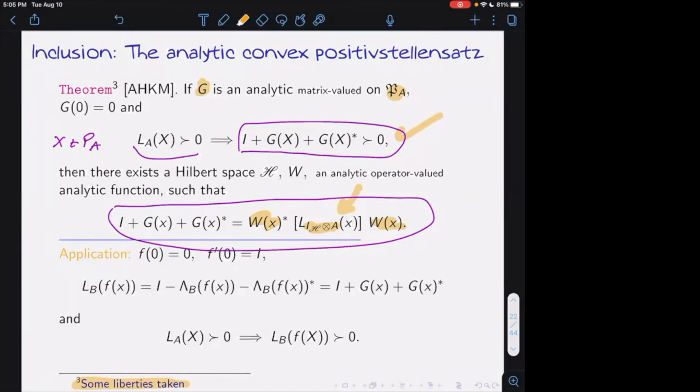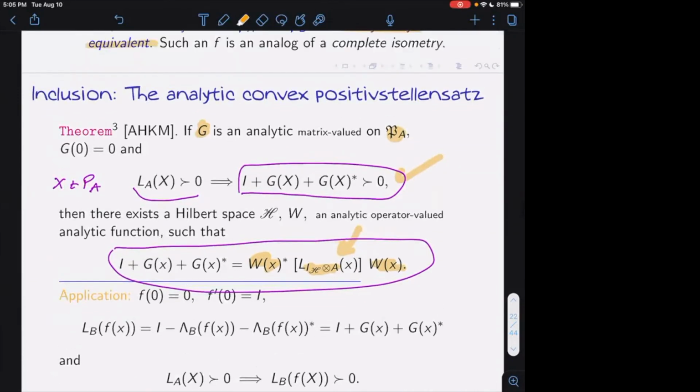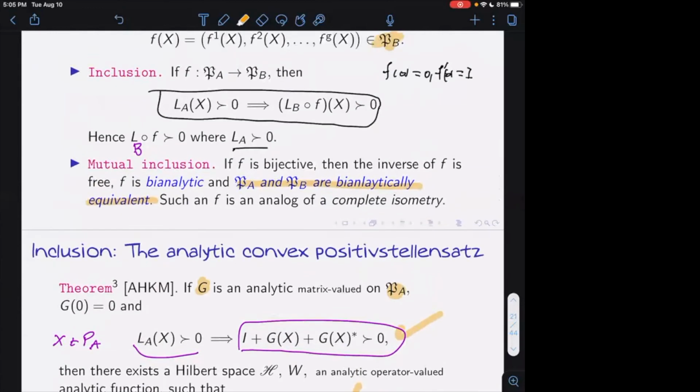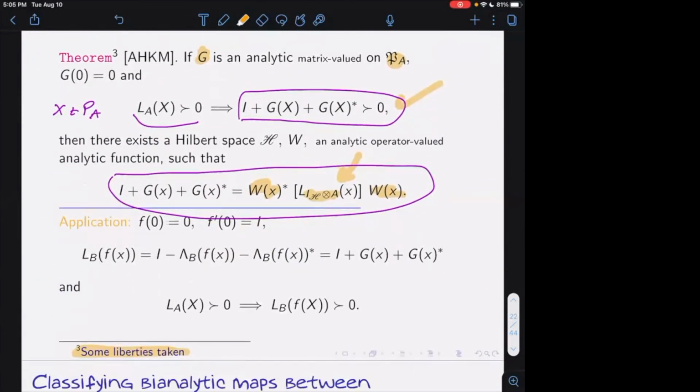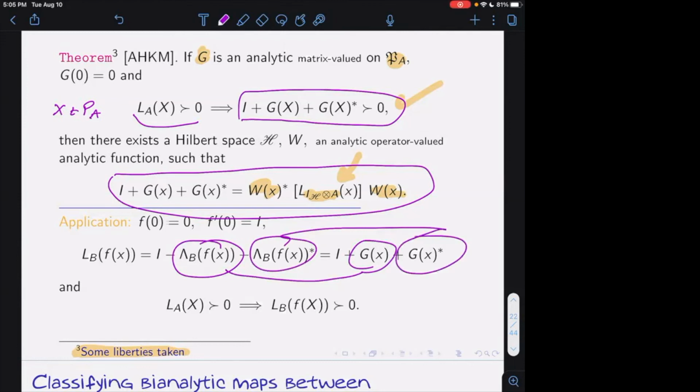Our application is this setup again, back on the previous slide, this condition right here, where I'm taking f of 0 to be 0, f prime of 0 to be the identity, and then the g just becomes, in that case, I guess that's minus g, right? Like so.